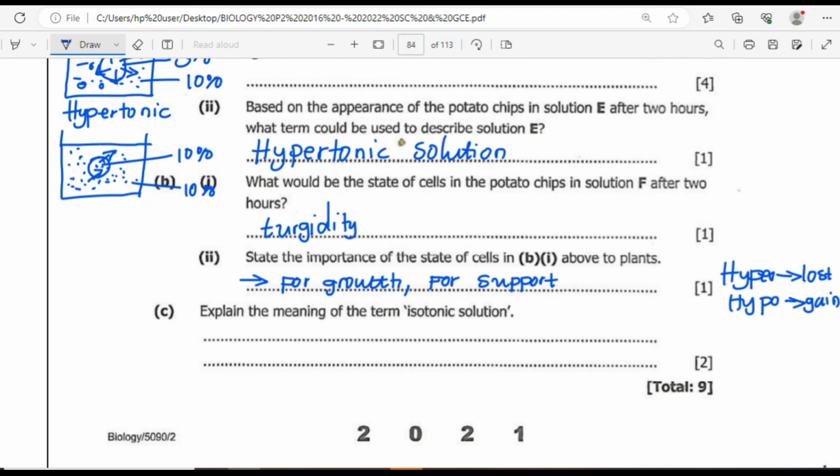Then C, explain the meaning of the term isotonic solution. So remember, isotonic solution, we said we have equal concentration.